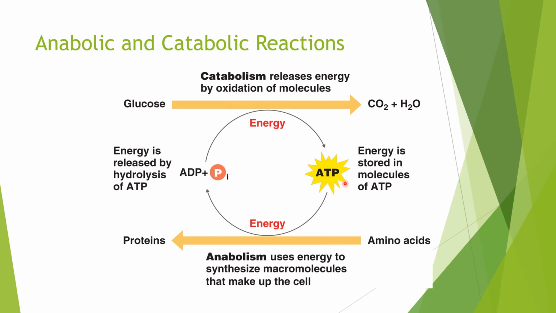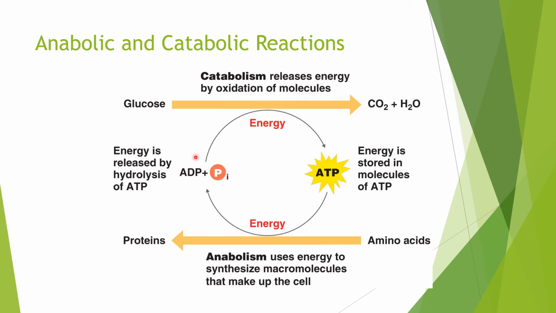ATP stands for adenosine triphosphate. Tri meaning it has three phosphates bound to each other. Now, when ATP breaks down, it breaks down into adenosine diphosphate and an inorganic phosphate. And when ATP breaks down, it actually releases energy. Di meaning two phosphates, and here is this inorganic phosphate that was broken off.